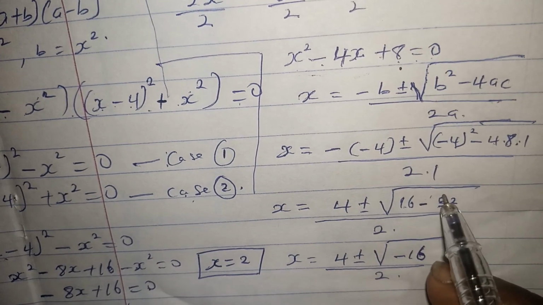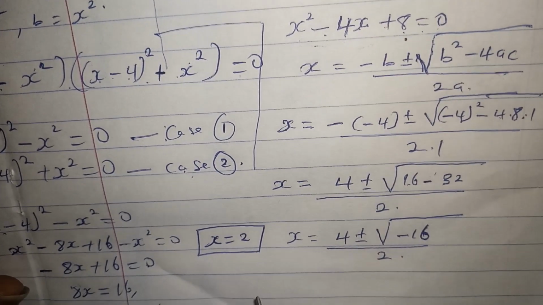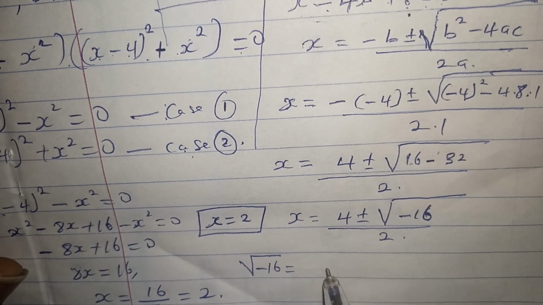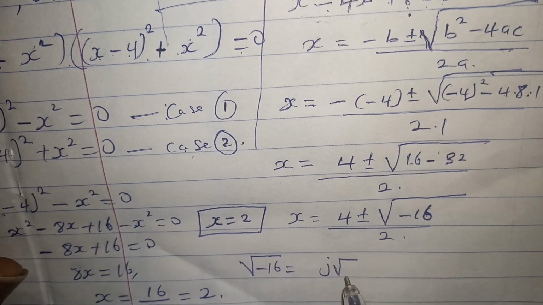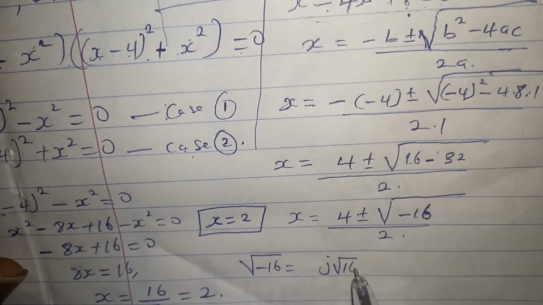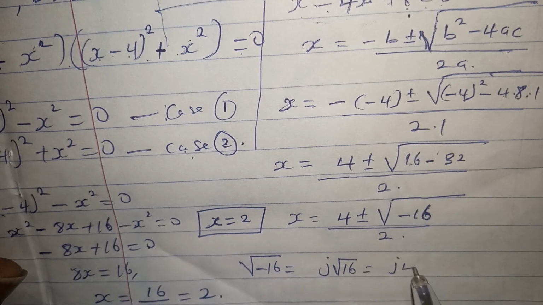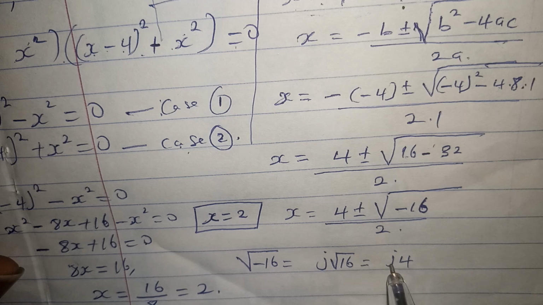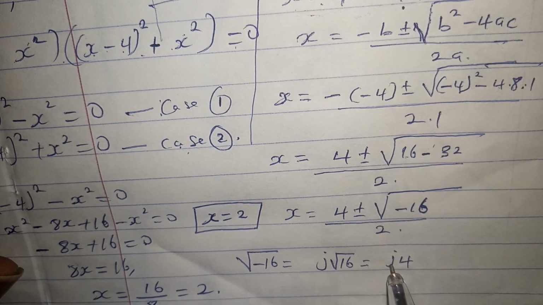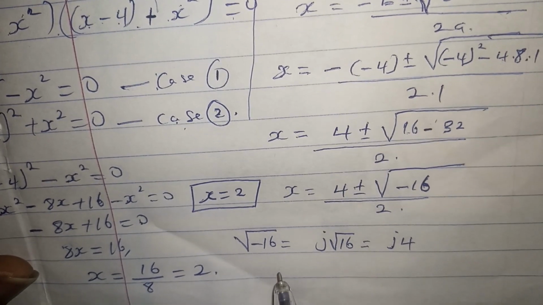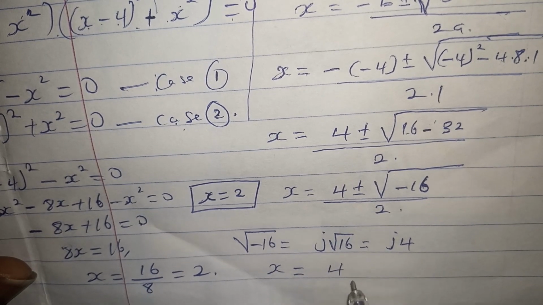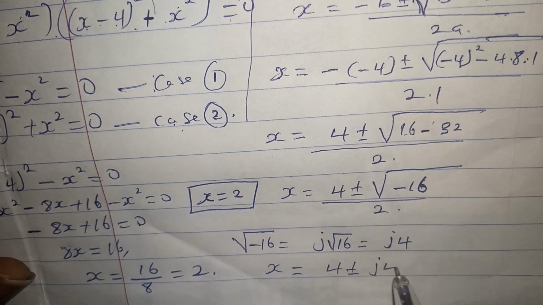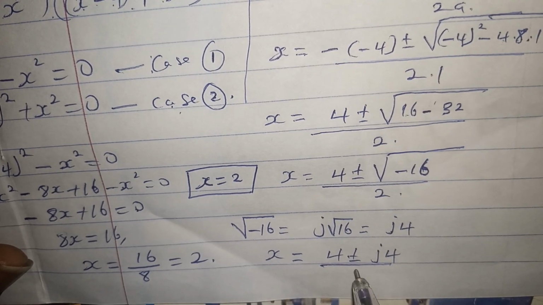I want you to note something. The root of minus 16 equals j root of 16, which also equals j4, where j represents the imaginary number in complex numbers. So we now have x equals 4 plus or minus j4, divided by 2.